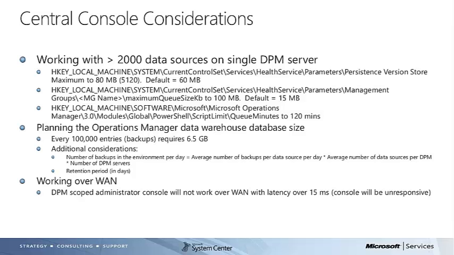And for planning purposes, the Ops Manager data warehouse database size, for every 100,000 entries, requires about 6.5 gig of disk space on the database.